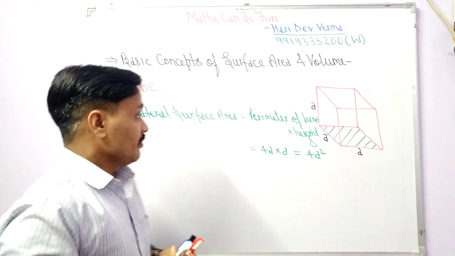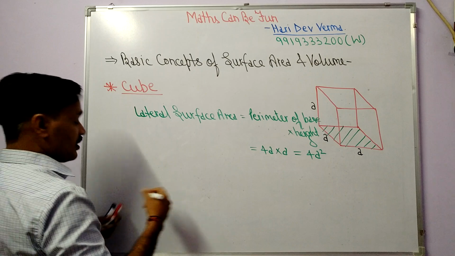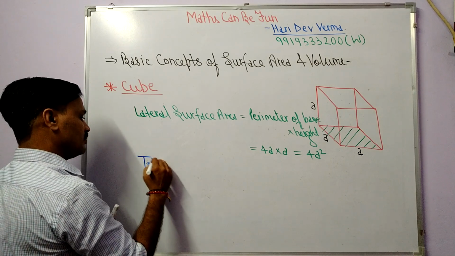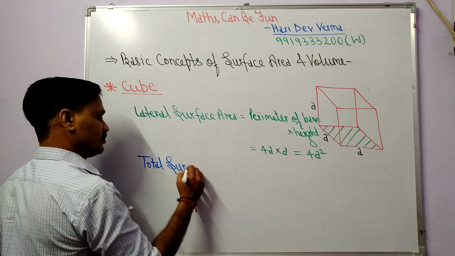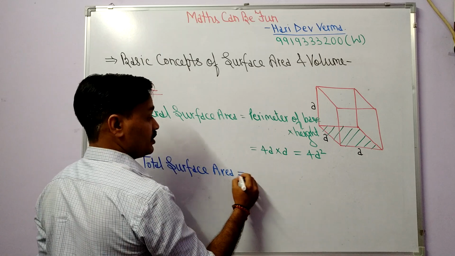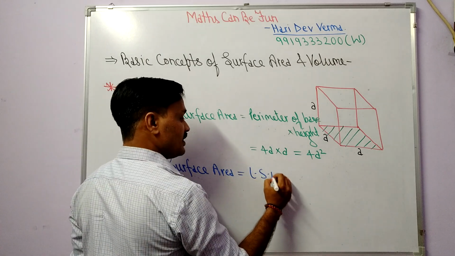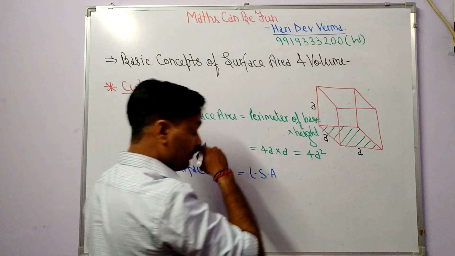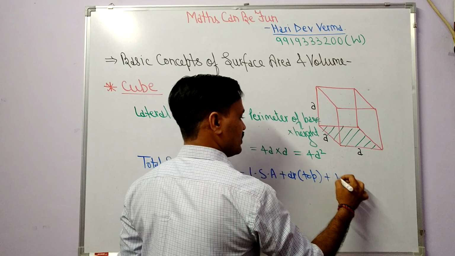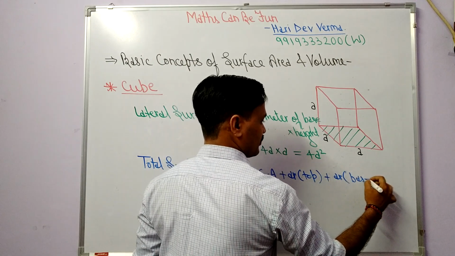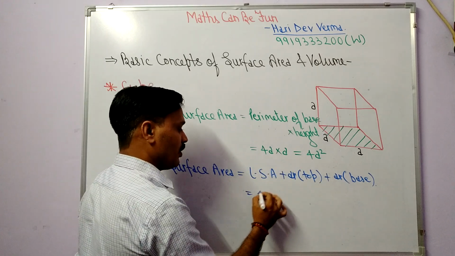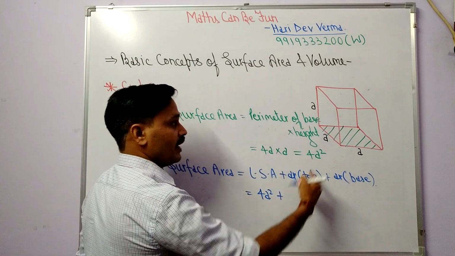Okay. Now, next point, total surface area. Total surface area of any solid is equal to lateral surface area or curved surface area plus area of top plus area of base. So lateral surface area is 4a square, plus area of top.